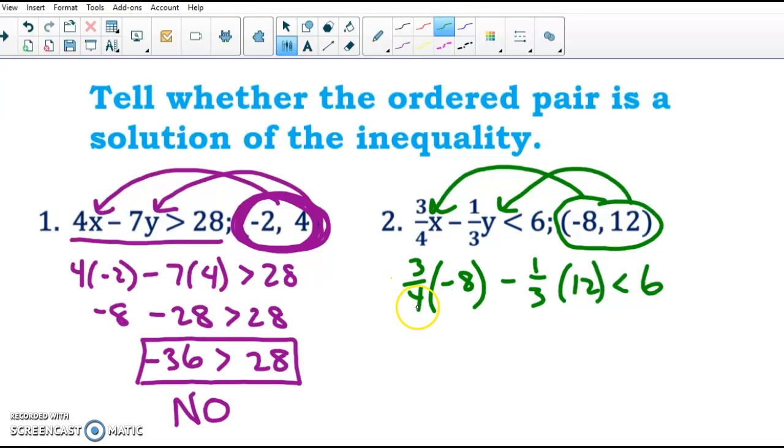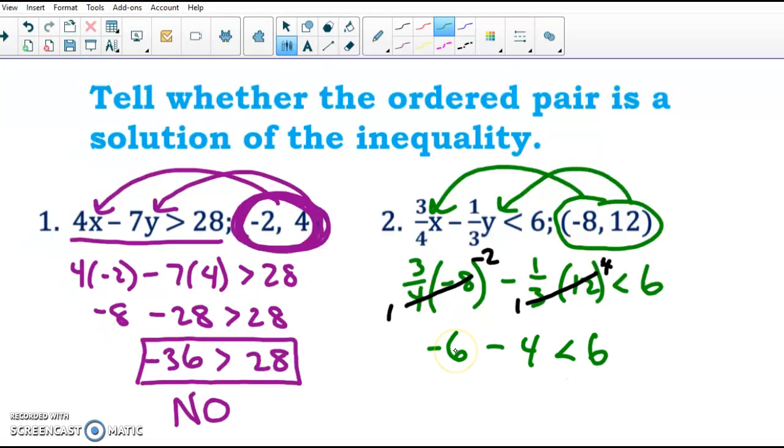So as I multiply 3/4 times -8, I know that 4 and -8 will cross cancel to -2. So 3 times -2 is -6. And as I multiply here, I know that 3 and 12 will cross cancel. So -1 times a +4 gives me a -4.